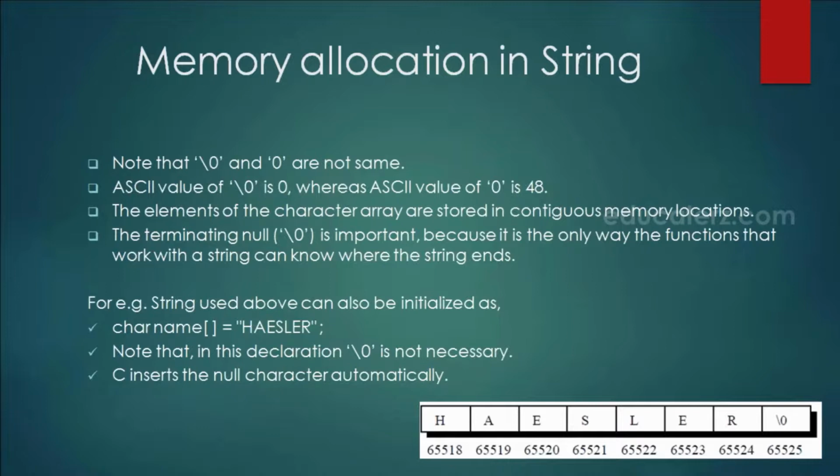The terminating null is important because it is the only way a function will come to know the end of a string. But if we initialize a character array directly with a string in double quotes, then we don't have to explicitly specify \0. It will be inserted implicitly, the way it is shown in this diagram.